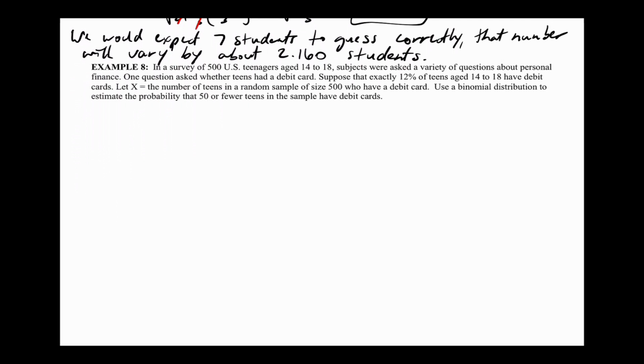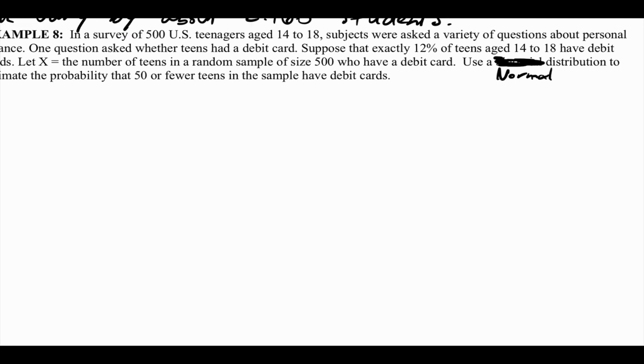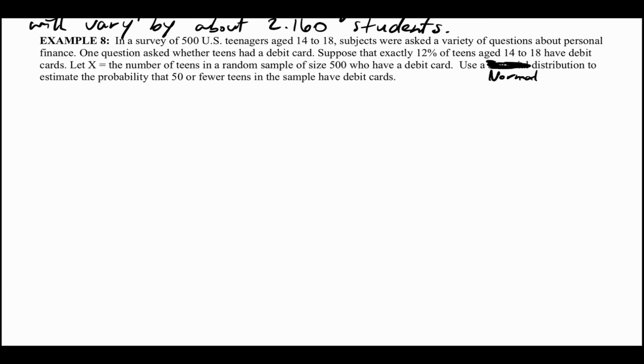When it says use binomial distribution, actually, you know what? There's a typo there. Instead of binomial, it's supposed to be normal. Use a normal distribution. So now that's the case, we have to check to see if it's binomial.